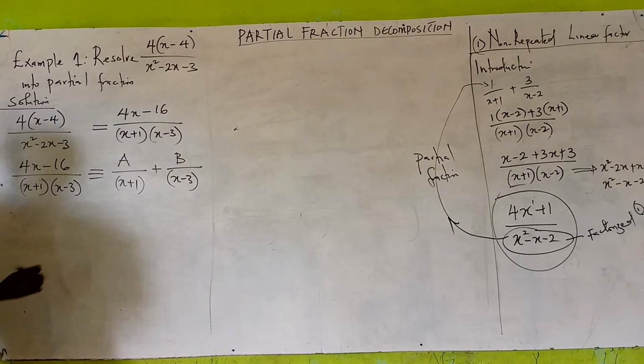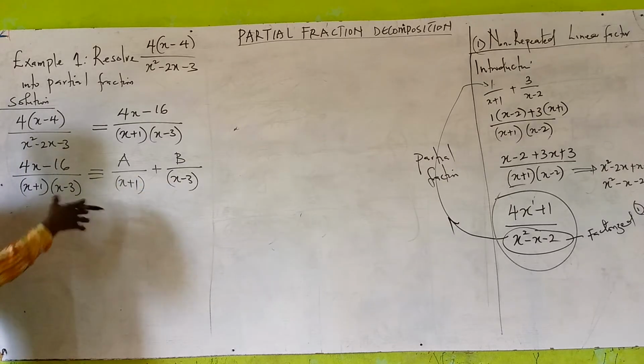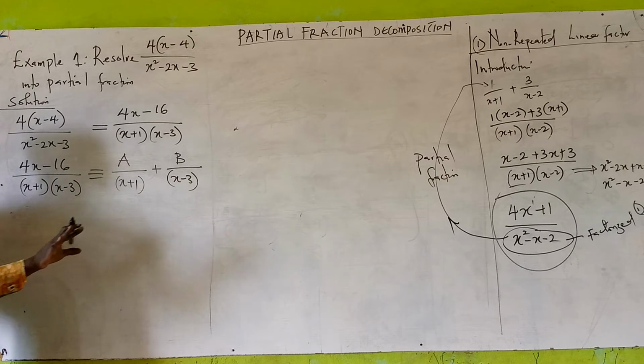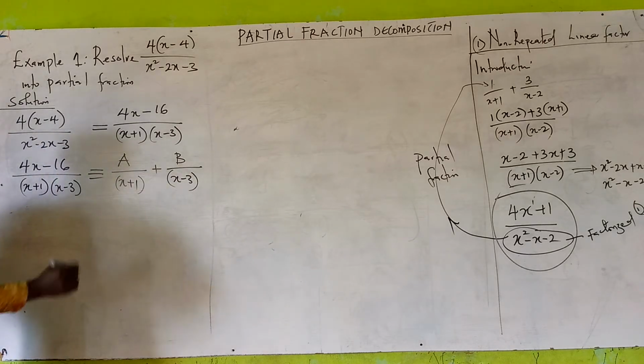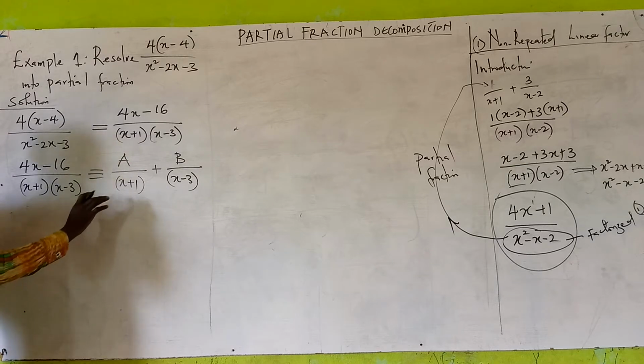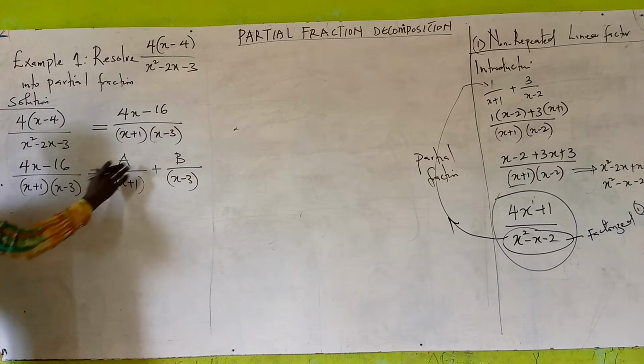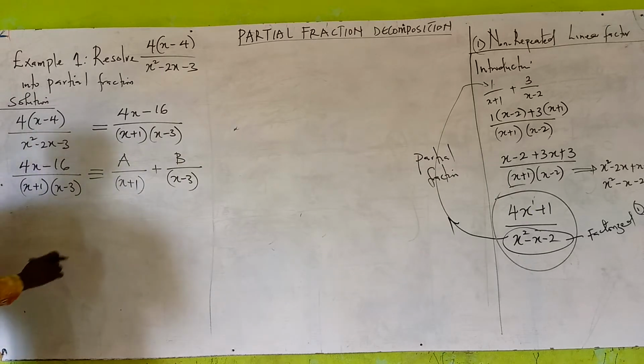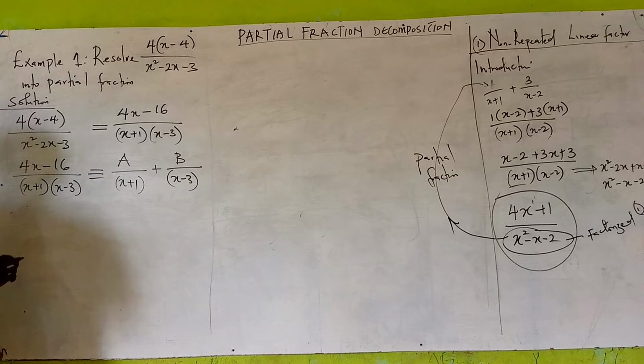Why? We are trying to decompose it into its components. A and B are constants whose values we don't know, so we now solve for A and B.